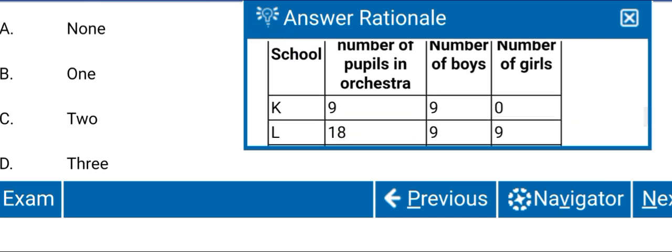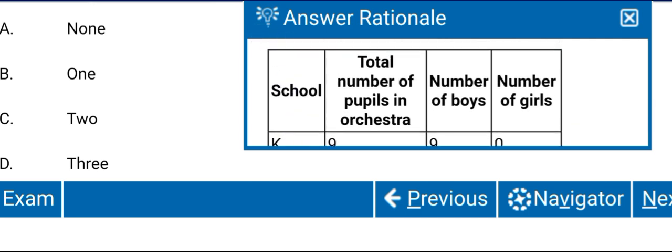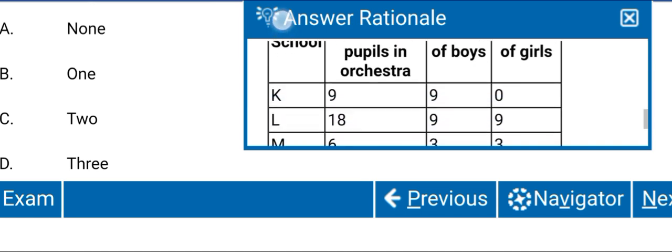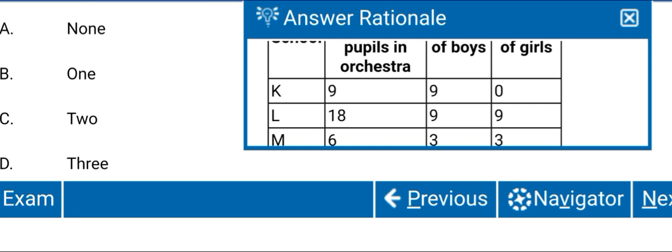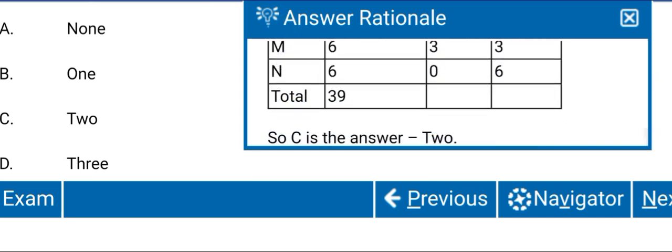School K, and first we have total number of pupils in the orchestra, then we have separate number of boys and number of girls. So K is the school, and then 9 total. And then we have this table. Total we have 39.